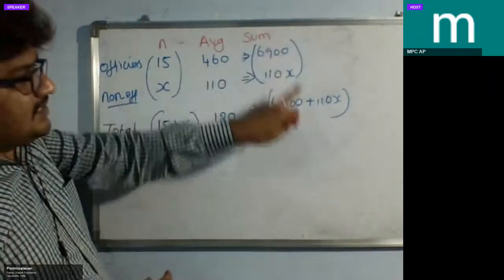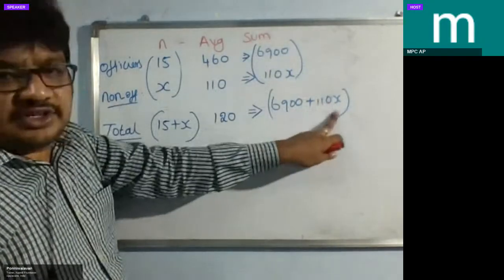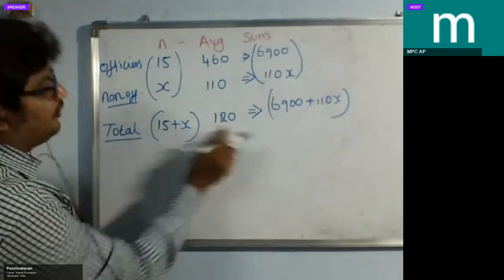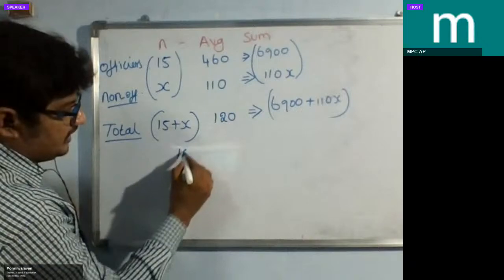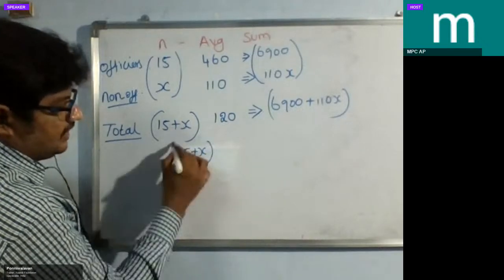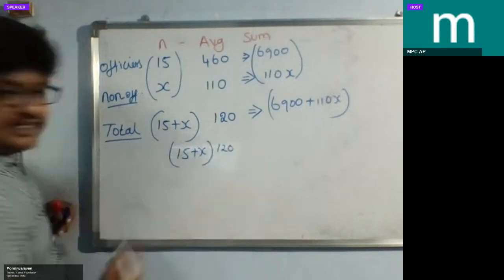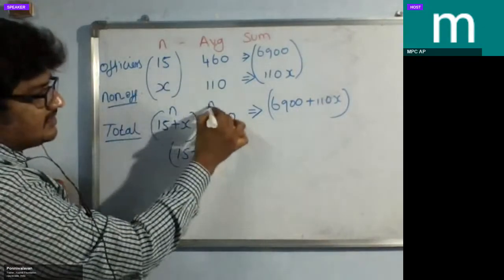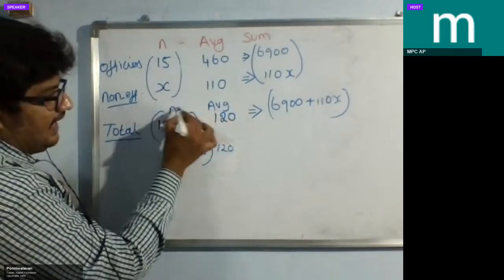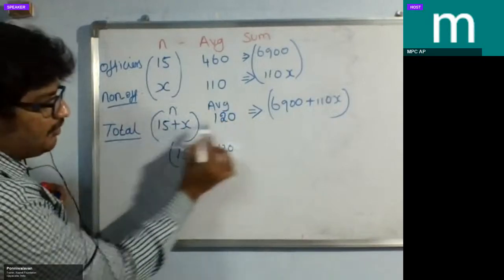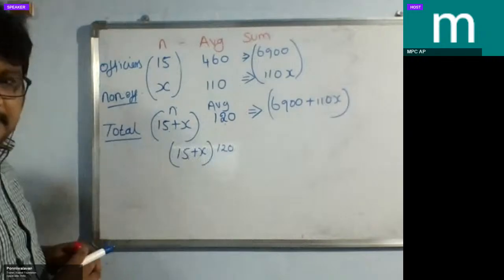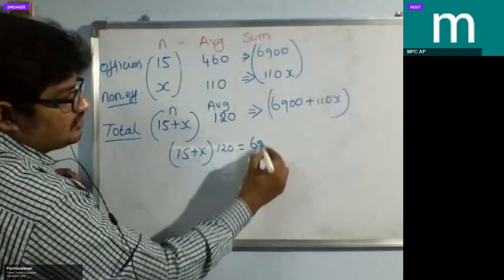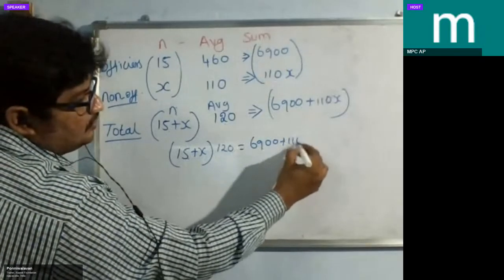If you add these, it will become 6,900 plus 110x. Also, from n and average, how will you find the sum? This is n, this is average. If you multiply these two, it will give the sum. So it is 6,900 plus 110x.